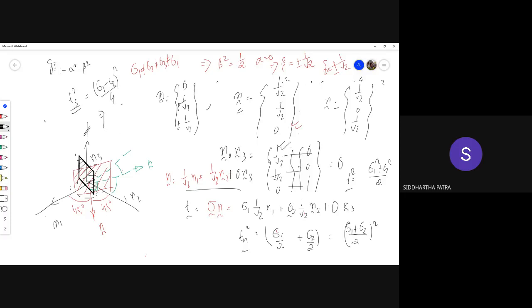You can check this. So this is the magnitude of the maximum shear.